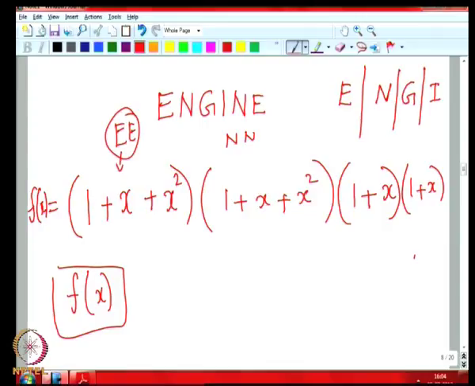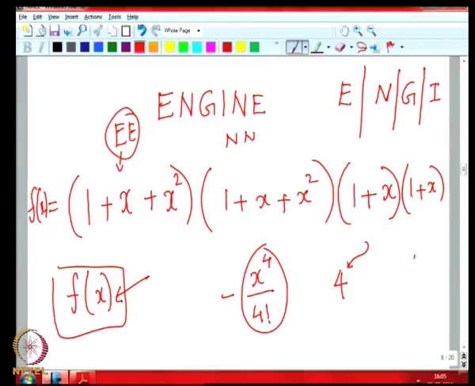is indeed the exponential generating function for the count we are looking for, which essentially means that we are looking at in how many ways 4 letters can be picked from the 6 letters available here and permuted, arranged. So if you are looking for picking 4 letters, then you just have to consider the coefficient of x raised to 4 by 4 factorial in f of x, and then you will get the answer.